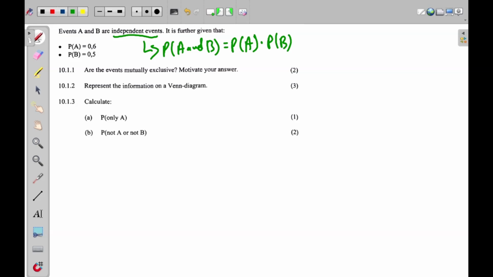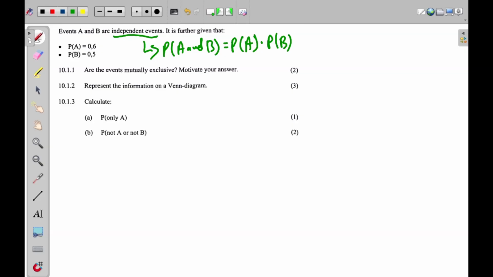Motivate your answer. Now, you may want to write a sentence and say, since they are independent, probability of A and B is equal to 0.6 times 0.5, which is obviously not 0. And because it is not 0, surely these are not mutually exclusive.